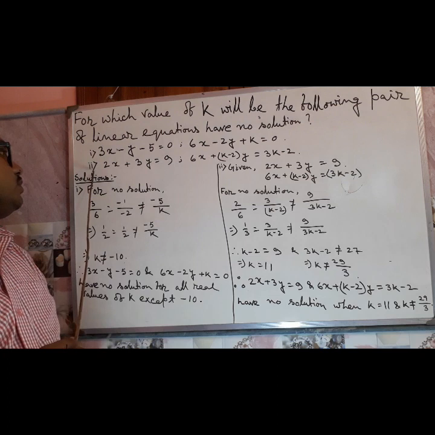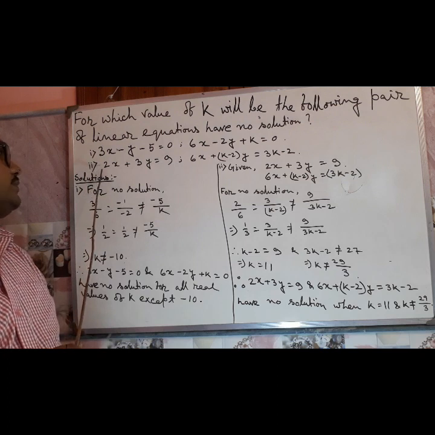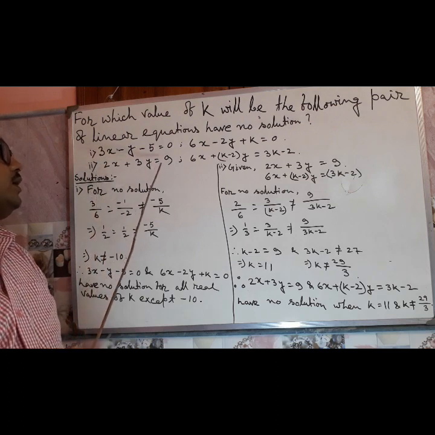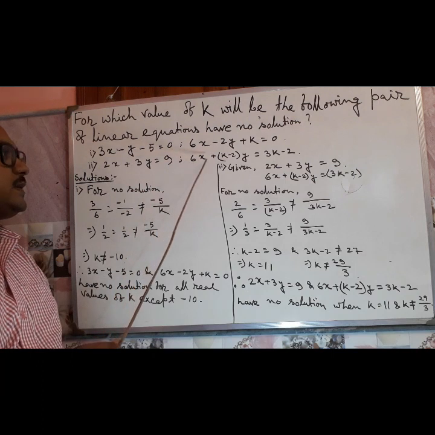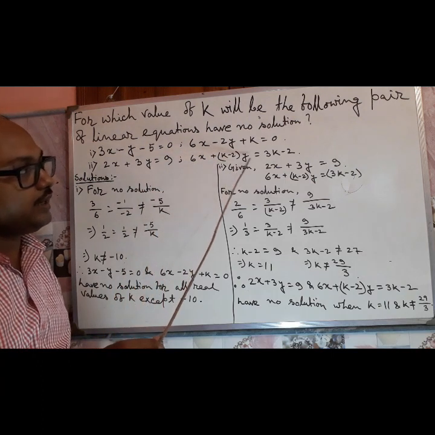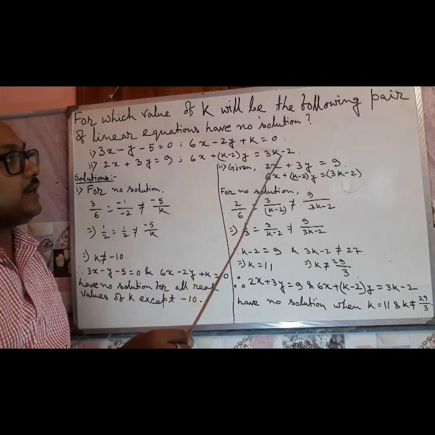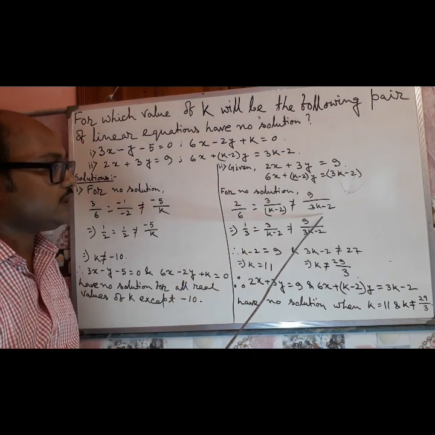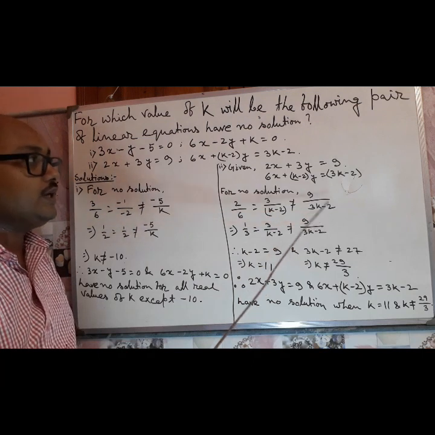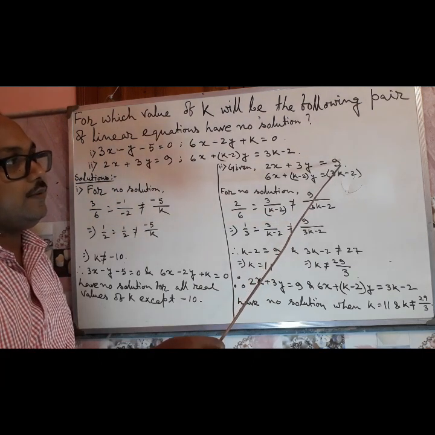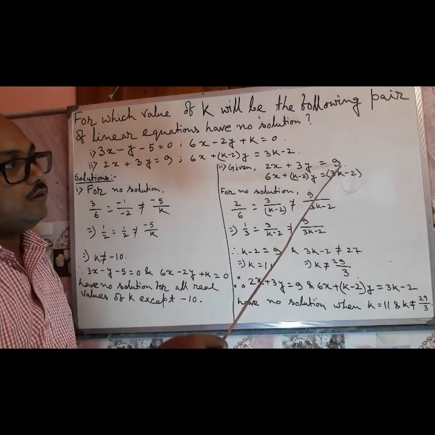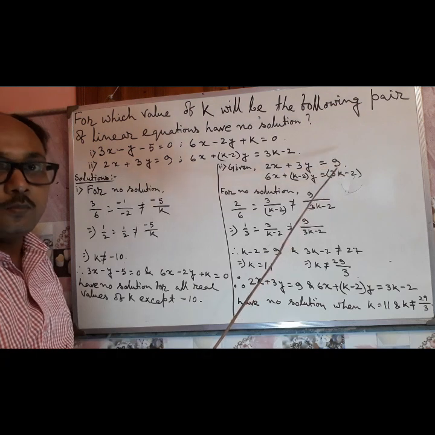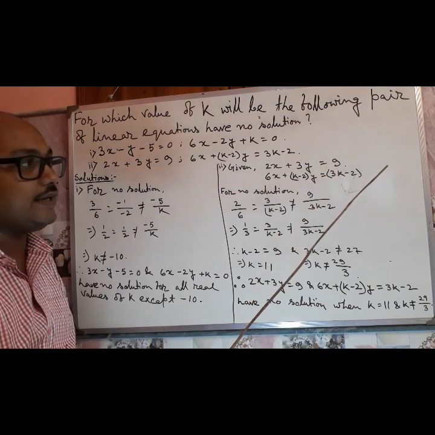And the second set of questions is given: 2x plus 3y is equal to 9 and 6x plus (k minus 2) into y is equal to 3k minus 2. Okay. Again for no solution, this is the condition. You see, I had not changed the side of these constant terms as both are on the right hand side.